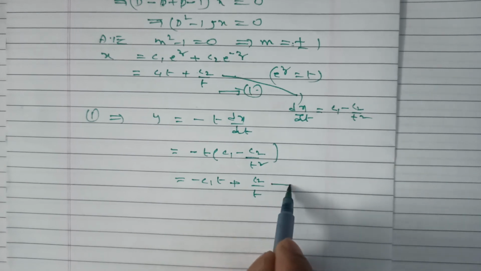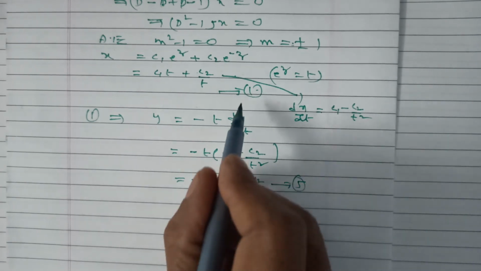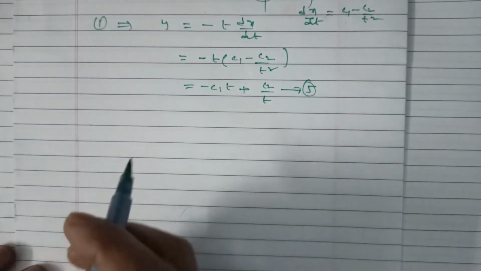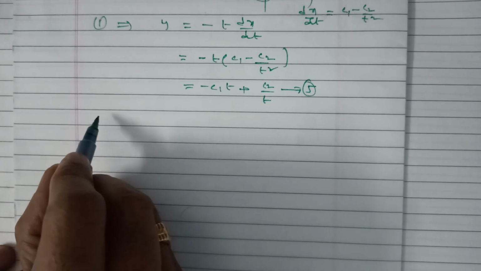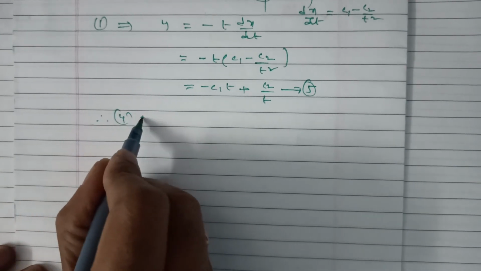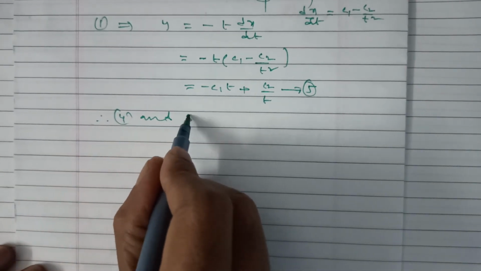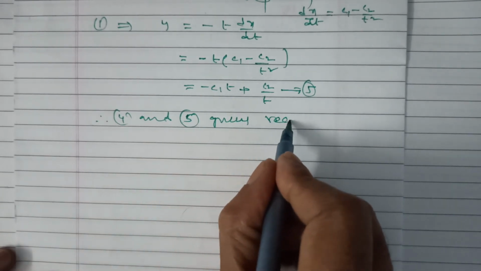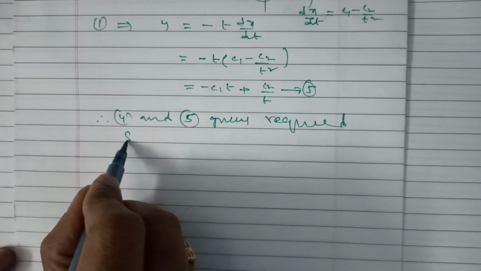This is the fifth one and that is the fourth one. So the x value is the fourth, the y value is the fifth. Therefore 4 and 5 give the required solution.